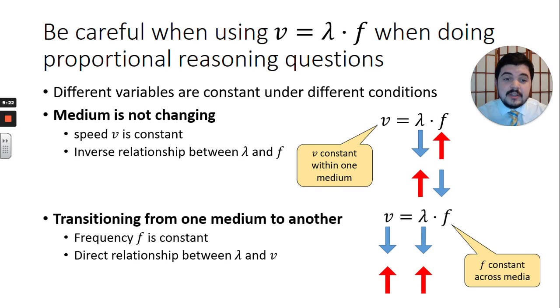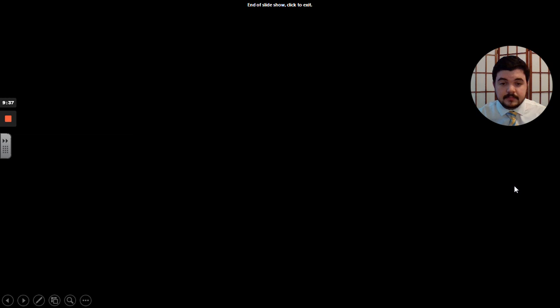So all the information you need is there, but you need to keep in mind what is constant under what conditions. Same medium is same speed. Transitioning from one medium to another is same frequency with different speeds. That's the end of this slide. That's our introduction to the concept of index of refraction, which is our optical density and tells us how much light will slow down when it enters the medium.